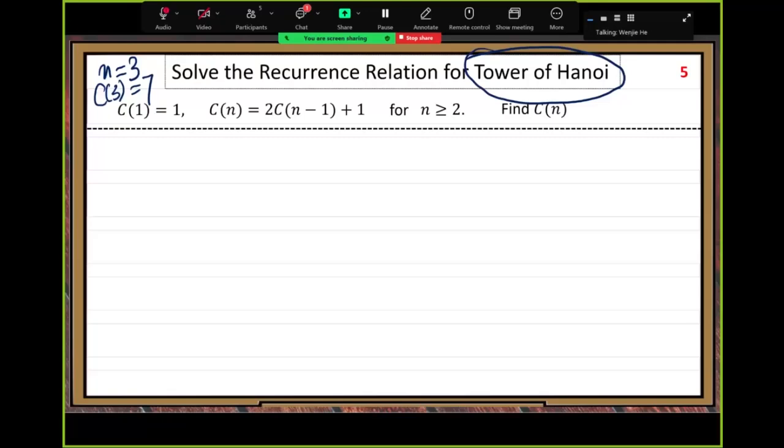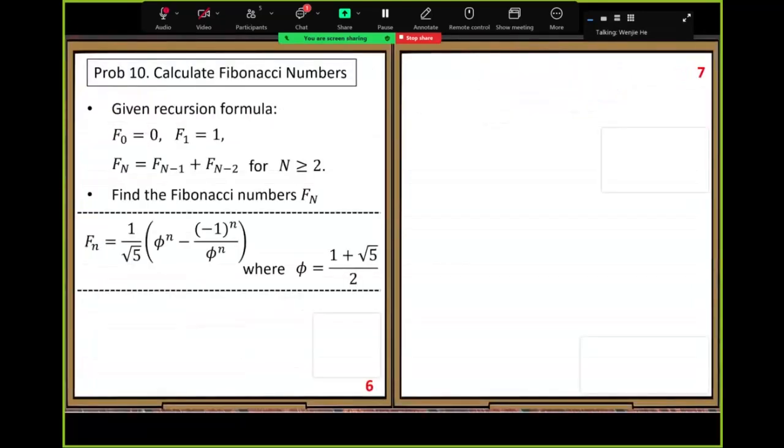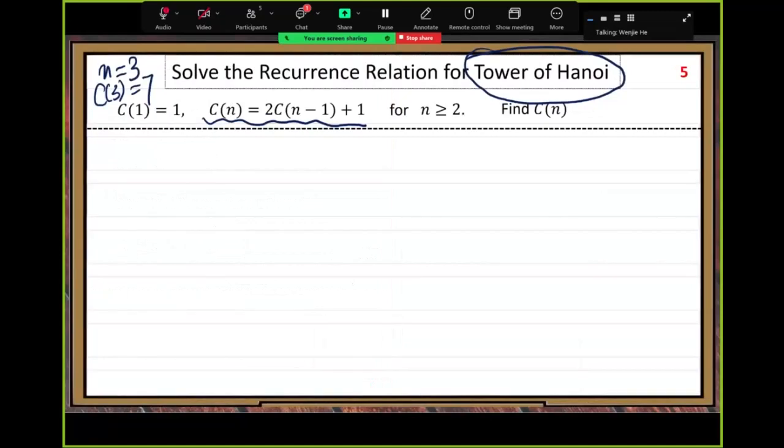So here I want to show how to solve the simple recurrence relation. Let me use the space here, I need to write the solution here. Here you can see in this recurrence relation, the right-hand side, there is only one unknown term. Not like the Fibonacci recurrence relation, there are 2 unknown terms.